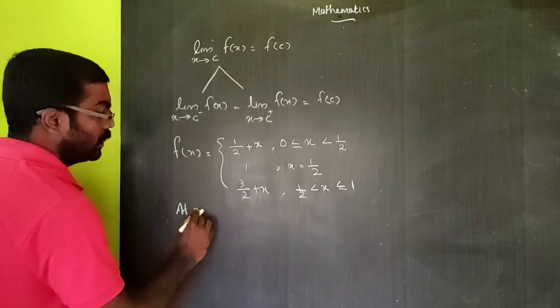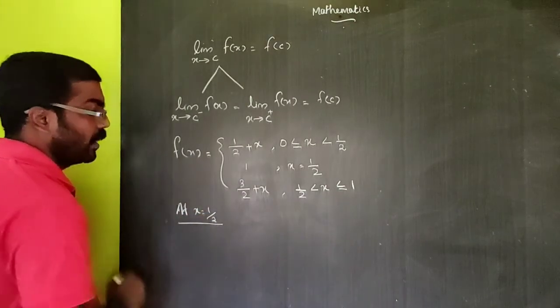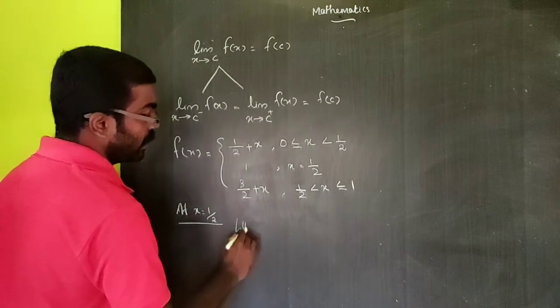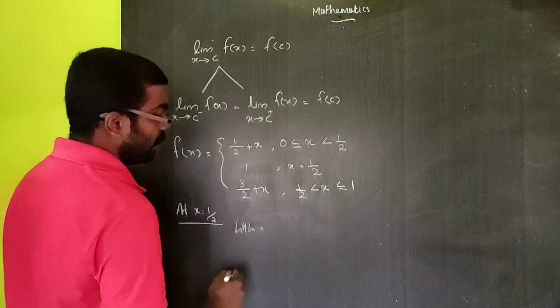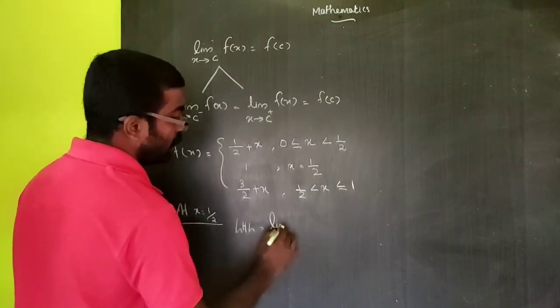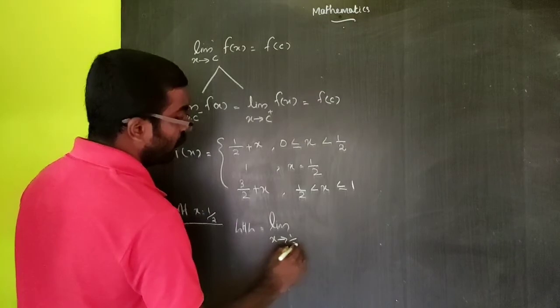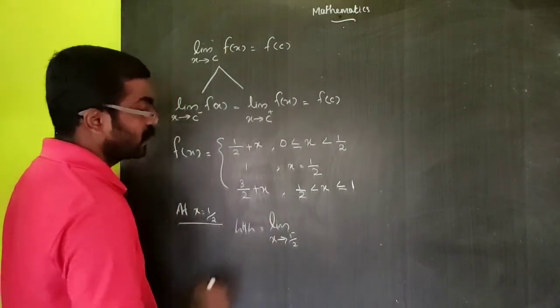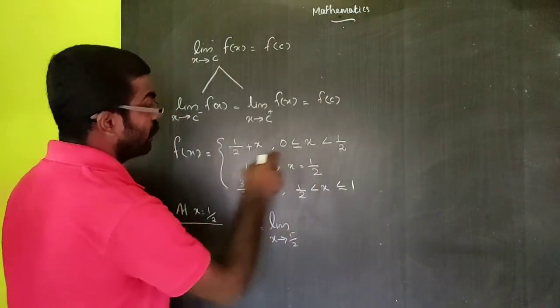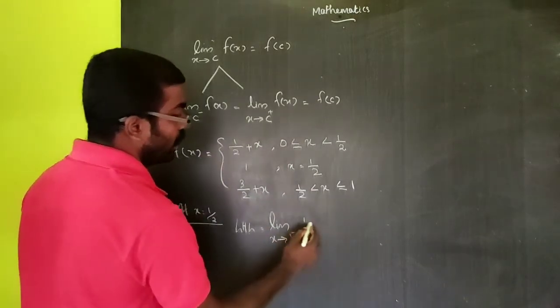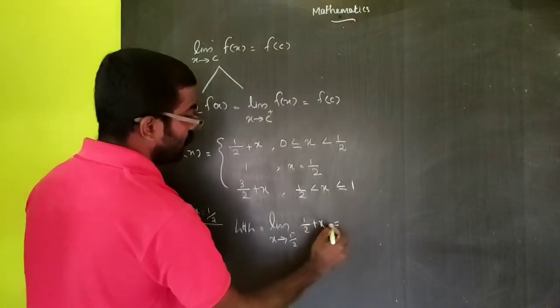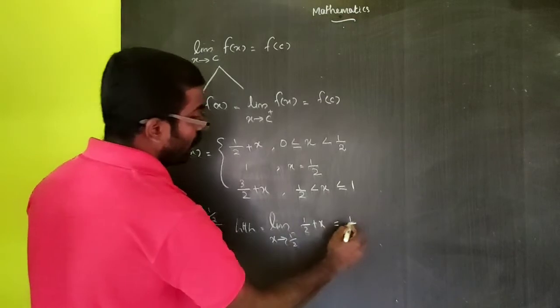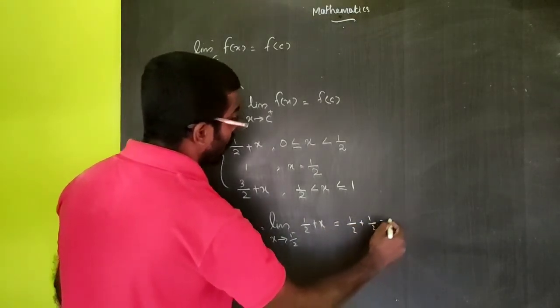At x equal to 1 by 2, first of all we find the left hand limit and the right hand limit. Left hand limit LHL is equal to limit x tends to 1 by 2 minus f of x. Here x is less than 1 by 2, the corresponding f of x is 1 by 2 plus x. We replace the value here, 1 by 2 plus 1 by 2, which gives 1.